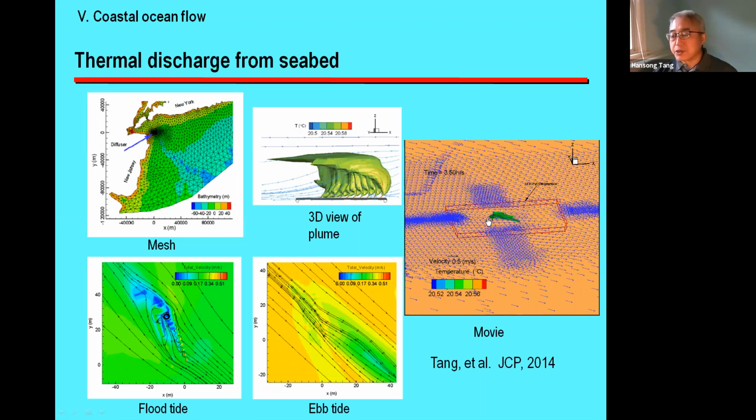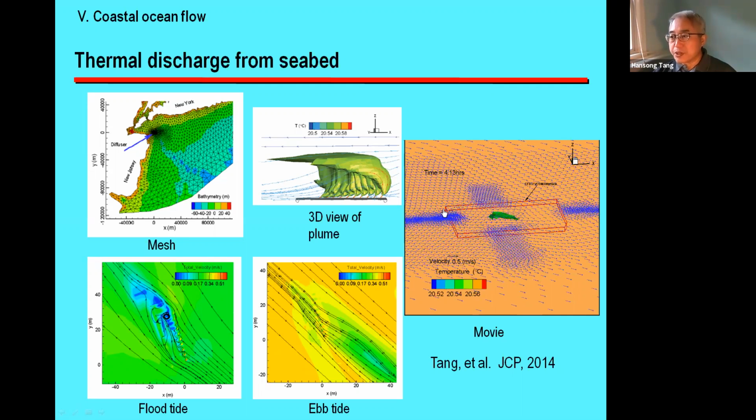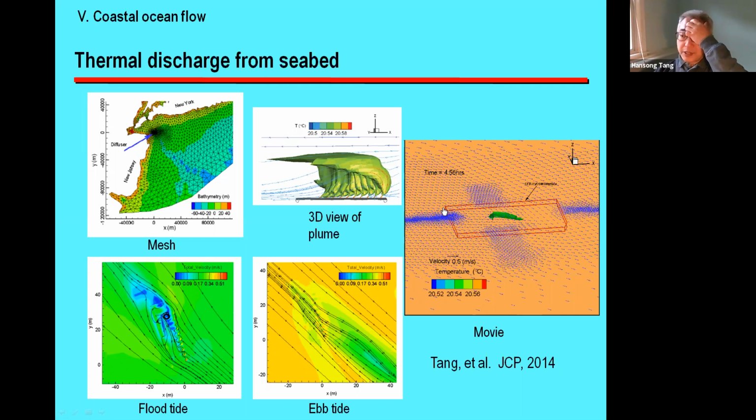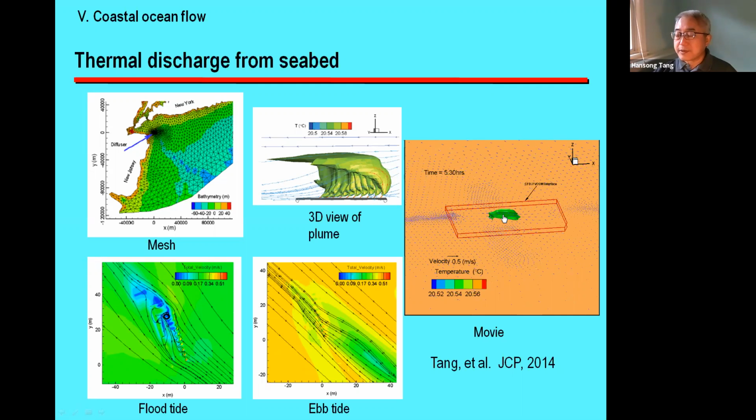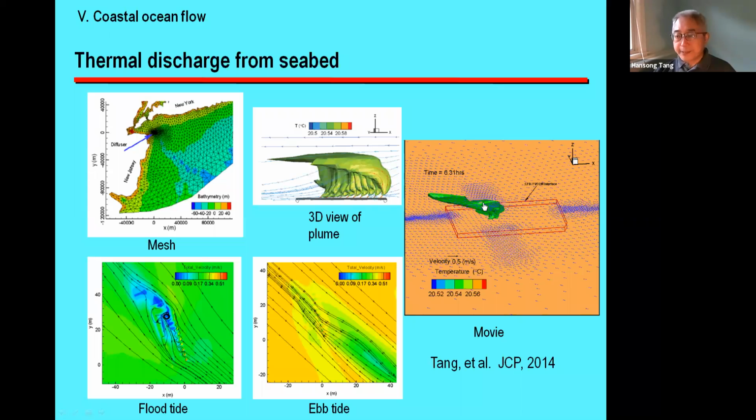This video basically shows you the process. Those red lines here are the interface between the ocean PDE and the Navier-Stokes equation. So here you can see how the simulated plume passes the interface. Basically, you don't see obvious artifacts at the interface. That's a good sign for us.